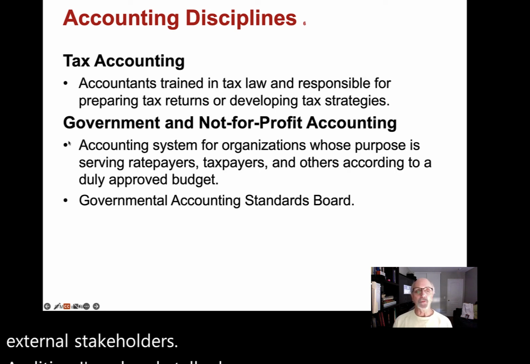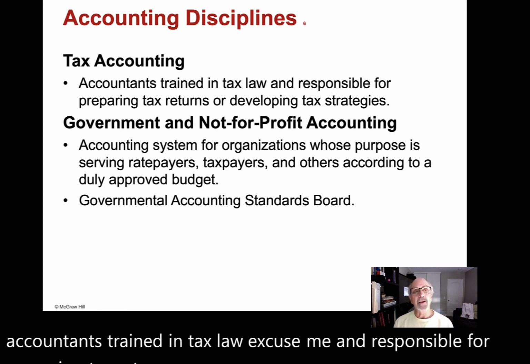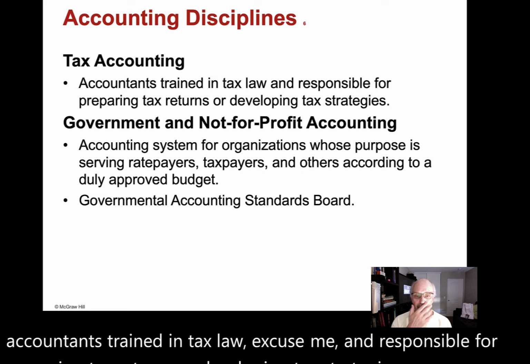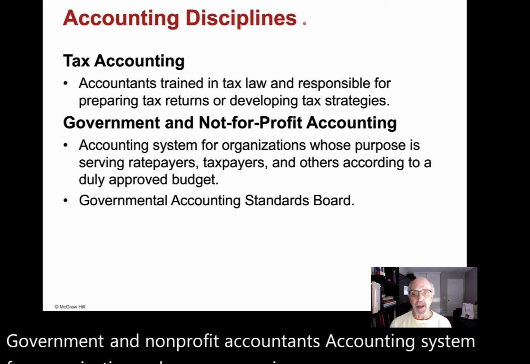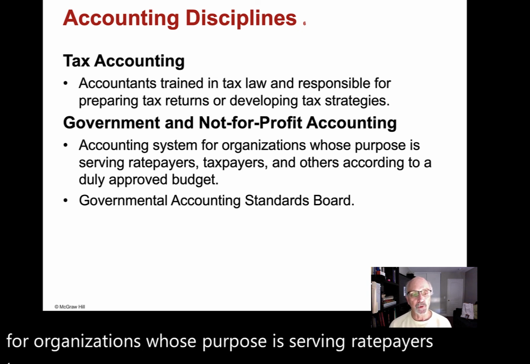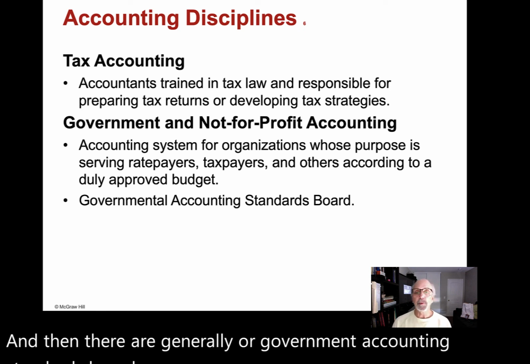Tax accountants, accountants trained in tax law and responsible for preparing tax returns or developing tax strategies. Government and nonprofit accountants, accounting system for organizations whose purpose is serving ratepayers, taxpayers, and others according to a duly approved budget. And then there is the Government Accounting Standards Board, separate from the CPA side.